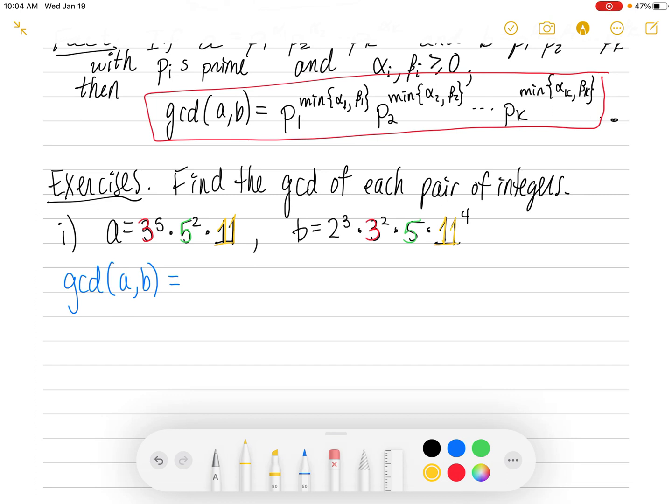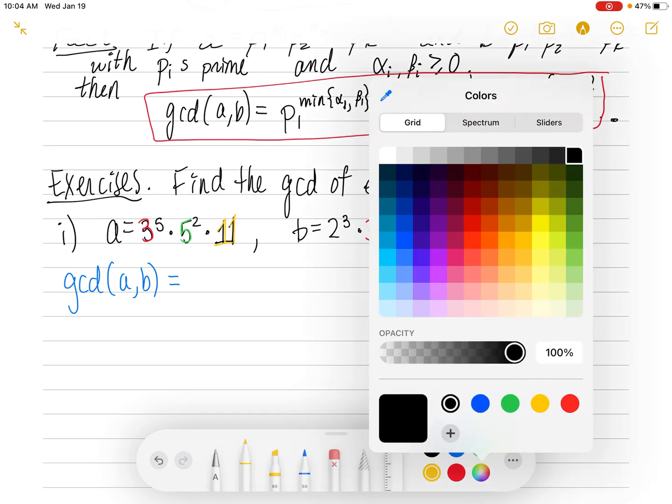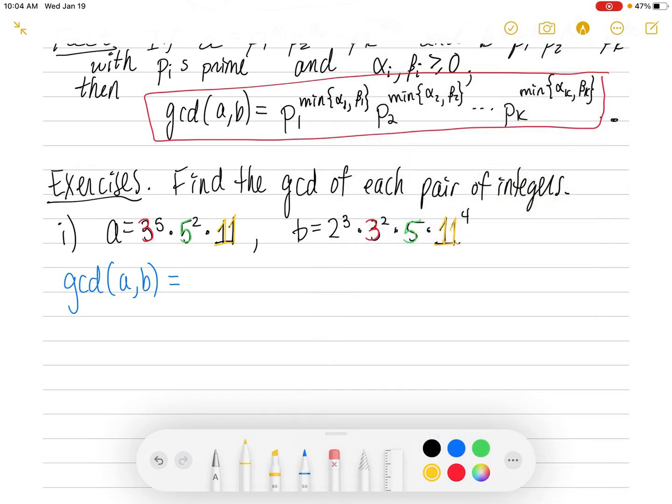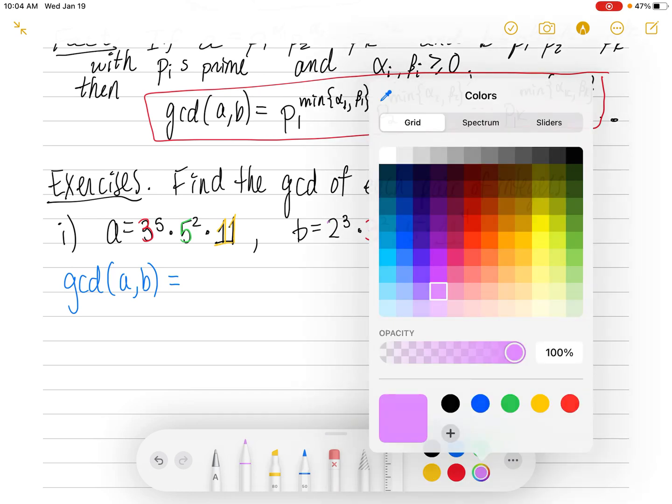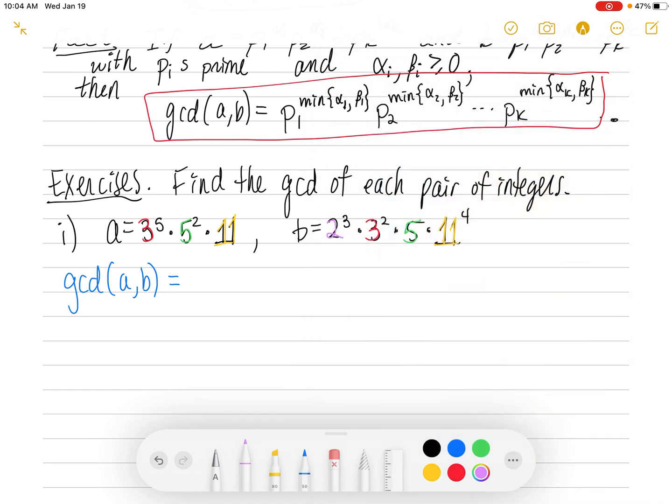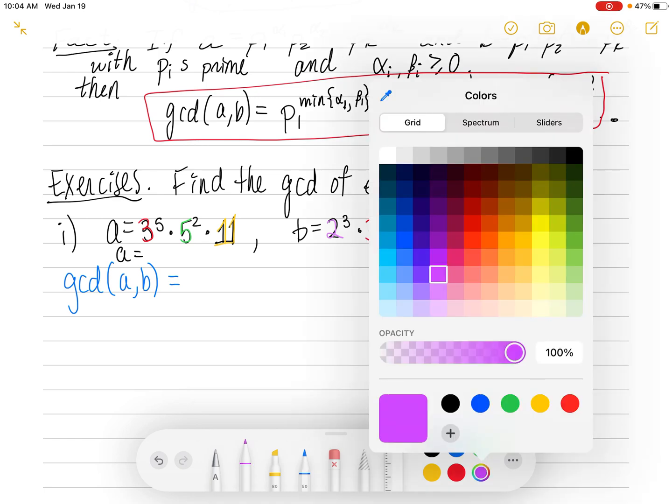Now B has a prime with a base of 2, 2 to the 3rd. A doesn't have that, but what you could do is rewrite A so it has 2 to the 0 power.